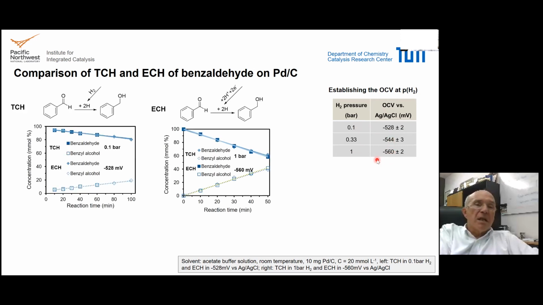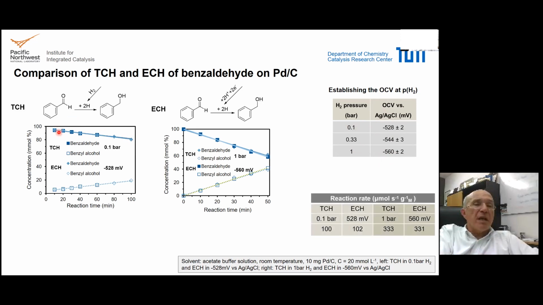And we see that it doesn't matter as long as it's equivalent, the hydrogen pressure or the absence of hydrogen and the external potential that I'm applying has the same effect on the rate.